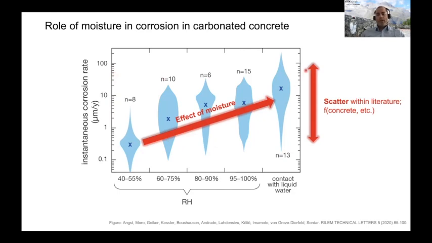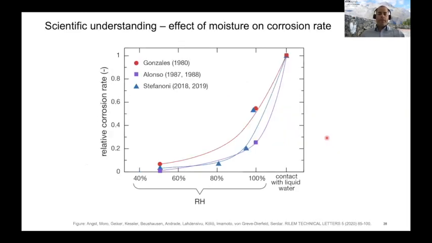The other thing that I would like to highlight is this relatively large scatter in the literature data, which can be attributed to different conditions, such as different concrete types, different pore solution chemistries, maybe also different measurement methods.